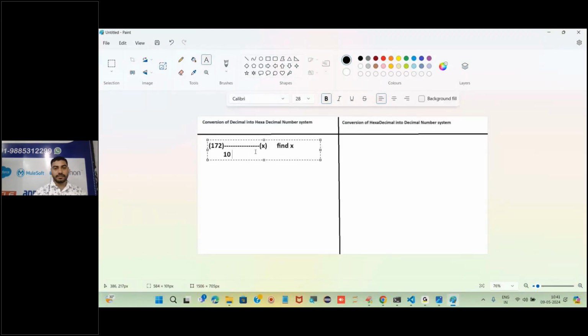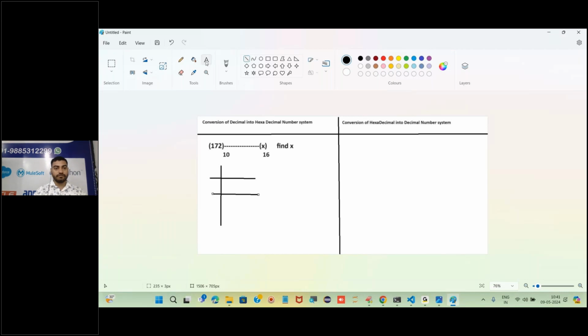I'm going to convert this value, base 10, which is decimal, into hexadecimal. So how can we do this? Simple. Go to the last approach we were seeing. What value is it? 172, right?